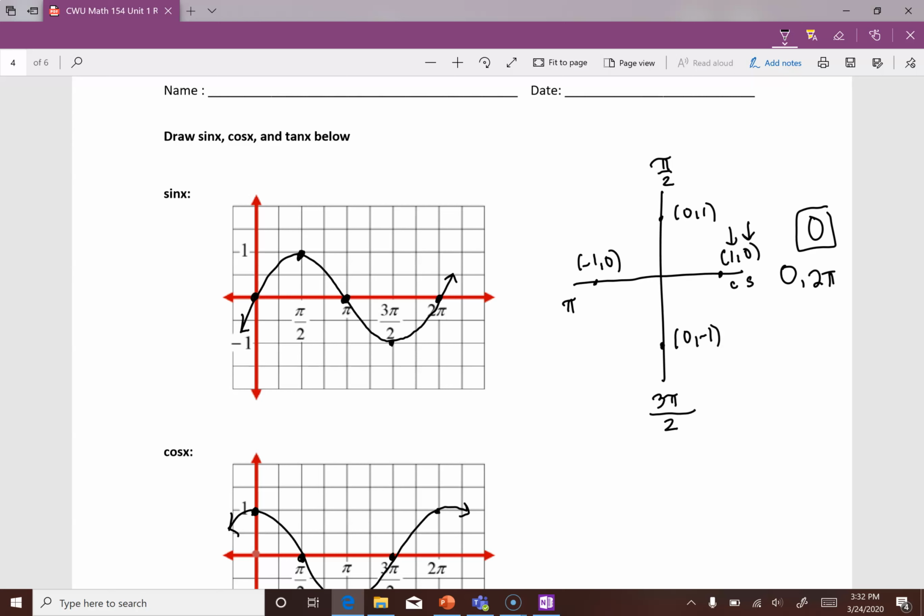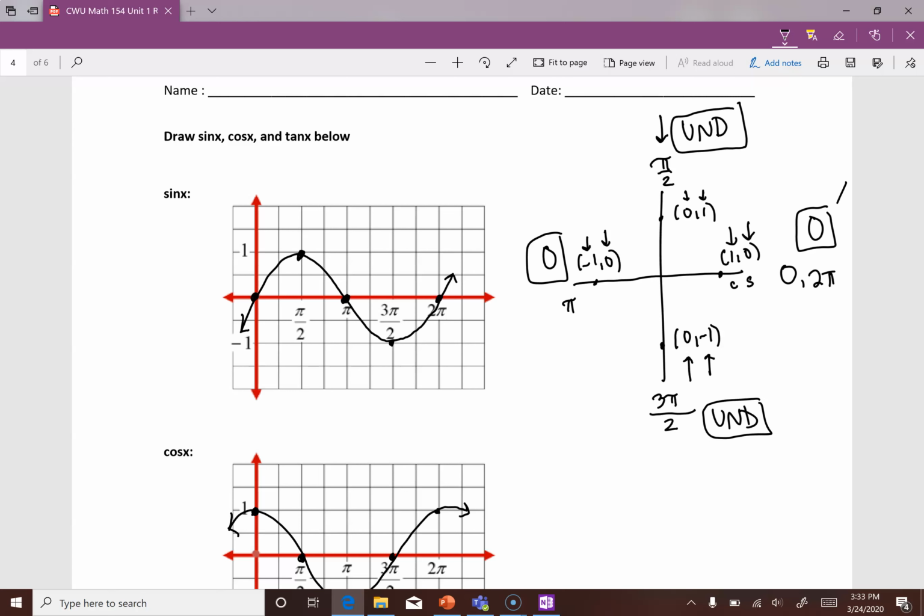Right here at pi over 2, when I do 1 divided by 0, I get undefined. Next, I have 0 divided by -1. That is going to be 0. And then at 3 pi over 2, I'm going to have -1 divided by 0, which is also undefined.